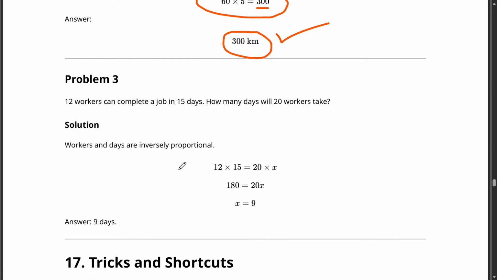Now we are moving to the third problem. 12 workers can complete a job in 15 days. How many days will 20 workers take? Workers and days are inversely proportional.